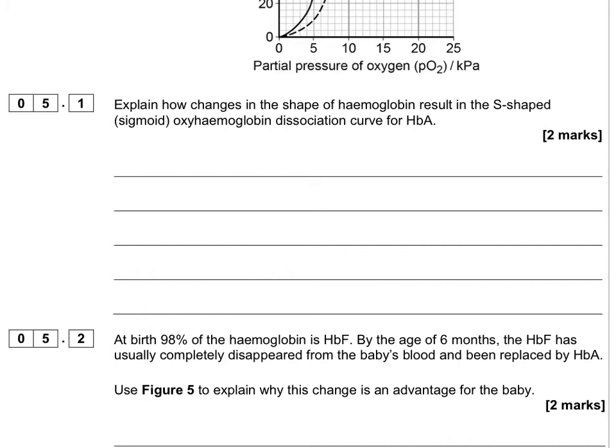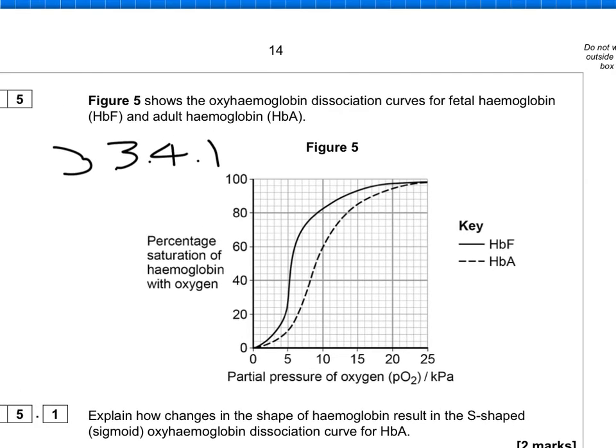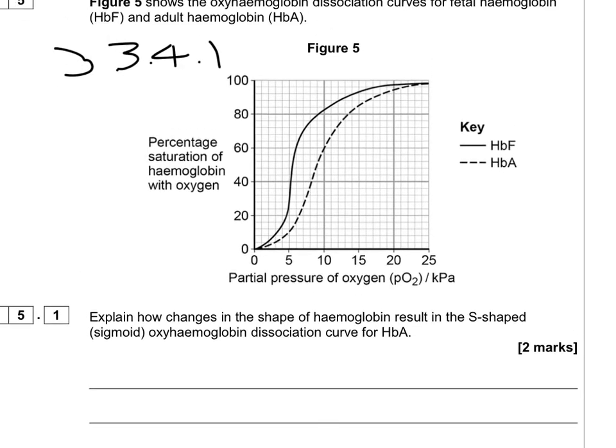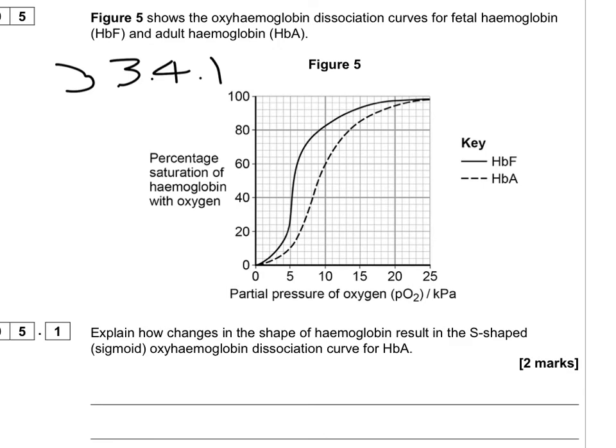So the first question says explain how changes in the shape of hemoglobin result in the S-shaped sigmoid oxyhemoglobin dissociation curve for HbA, which is adult hemoglobin. So you can see the S-shaped curve there.